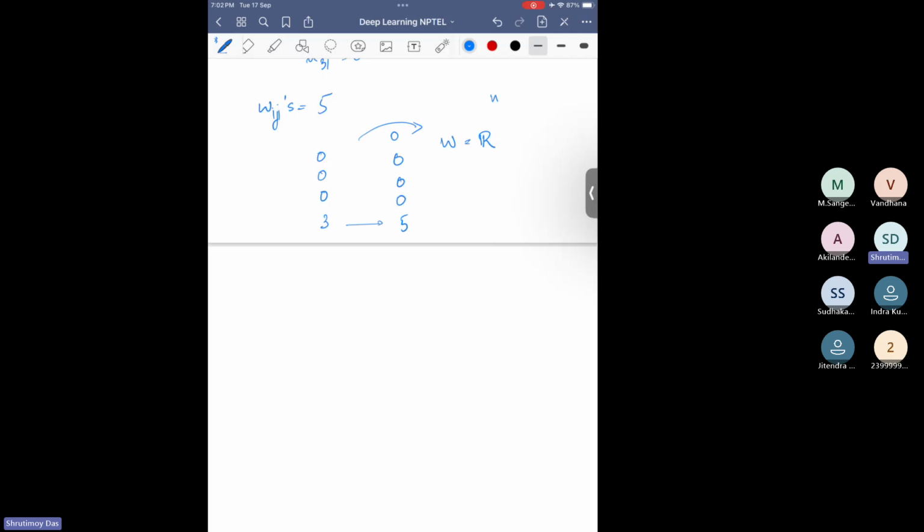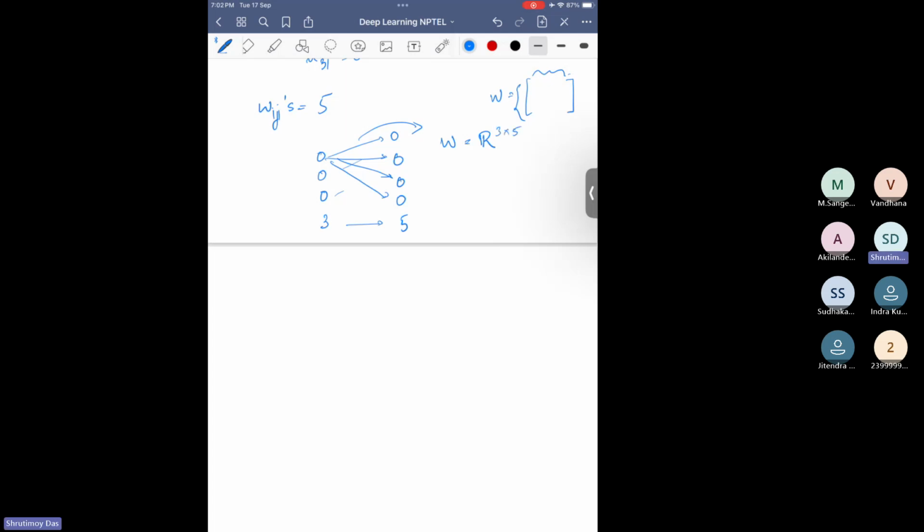W will have some rows and columns, right? What should be the number of rows? What should be the number of columns of W? This will be connected to each of these, similarly this, and similarly this, so 3 cross 5, right?